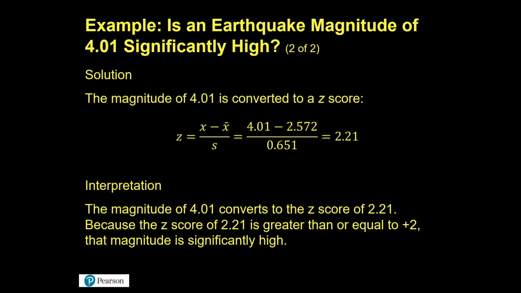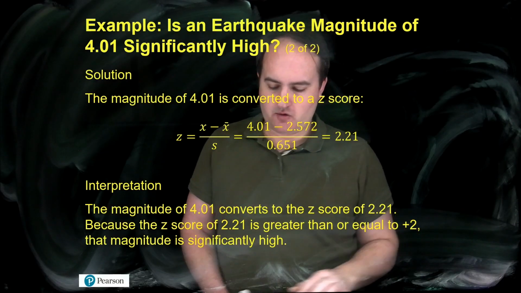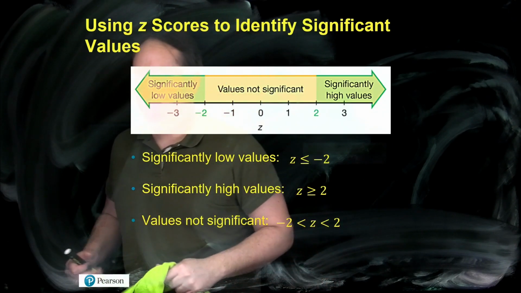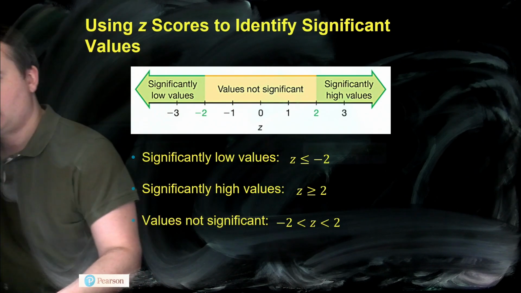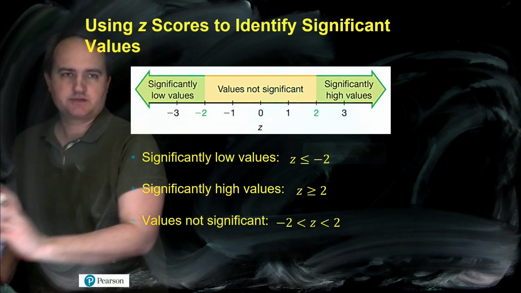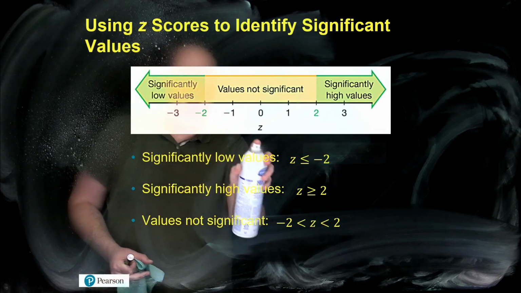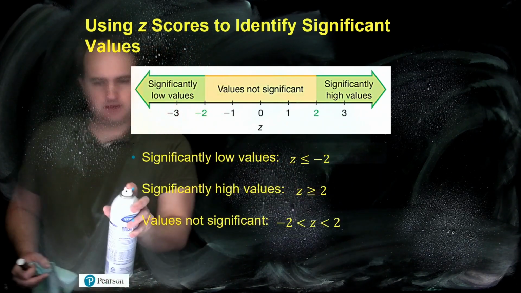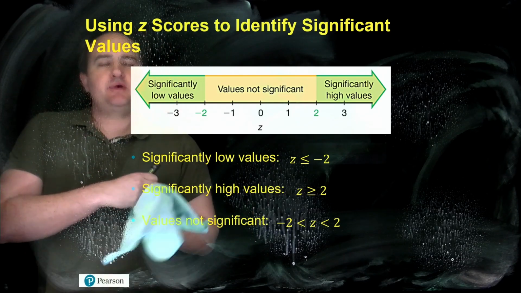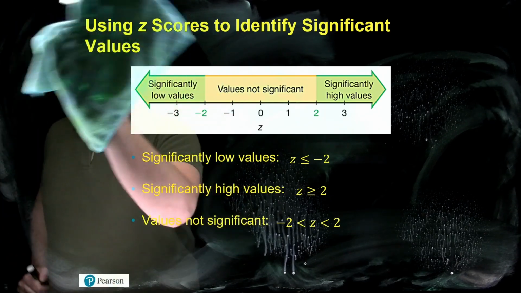Let's go back to the range rule of thumb, that's what we need to use here. Our z-score was 2.21.